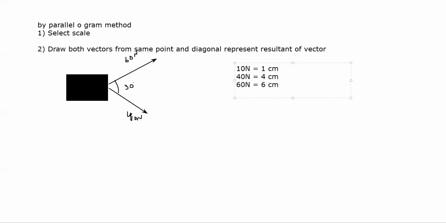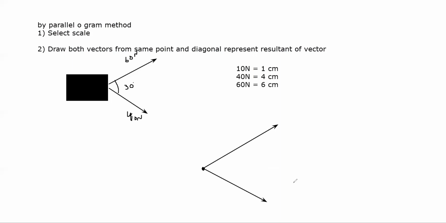This is what we select as our scale. You can select any number, it's up to you. Now we should draw both vectors from the same point. I mark a point and draw 6 centimeter and 4 centimeter from the same point. They should have the same starting point.